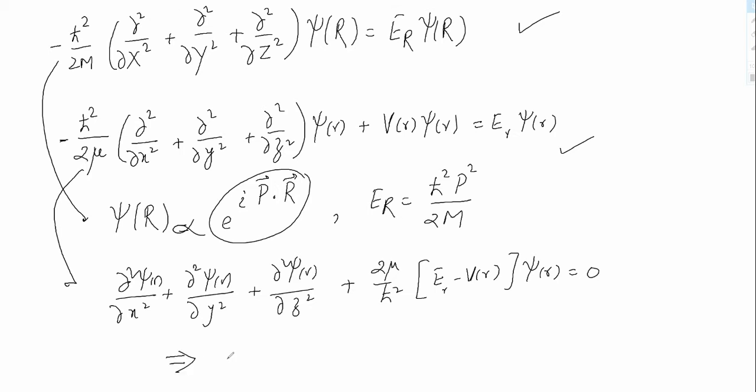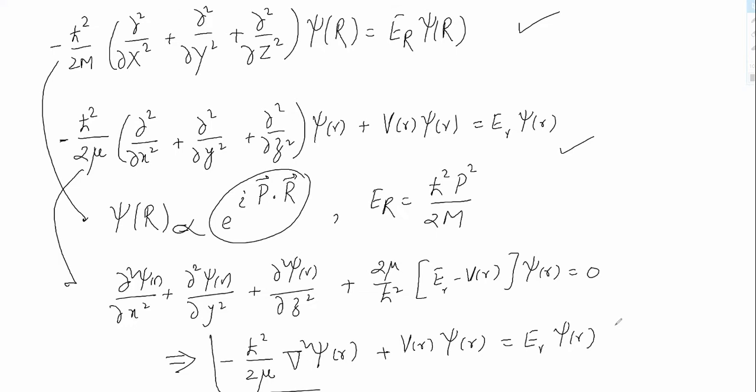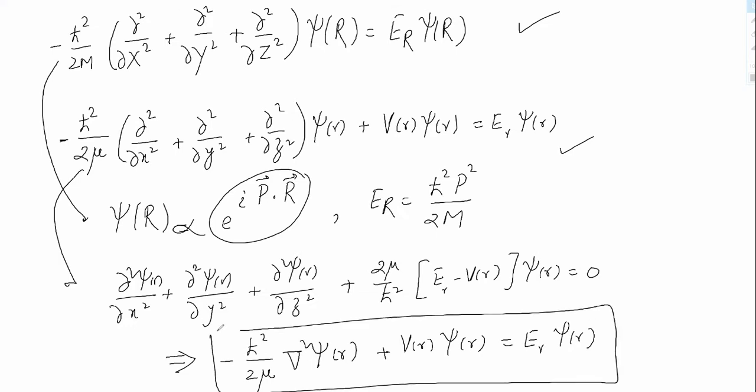And this, in general, you write as minus h square by twice mu, del square psi(r) plus V(r) psi(r) is equal to E_r psi(r). This is the important expression.